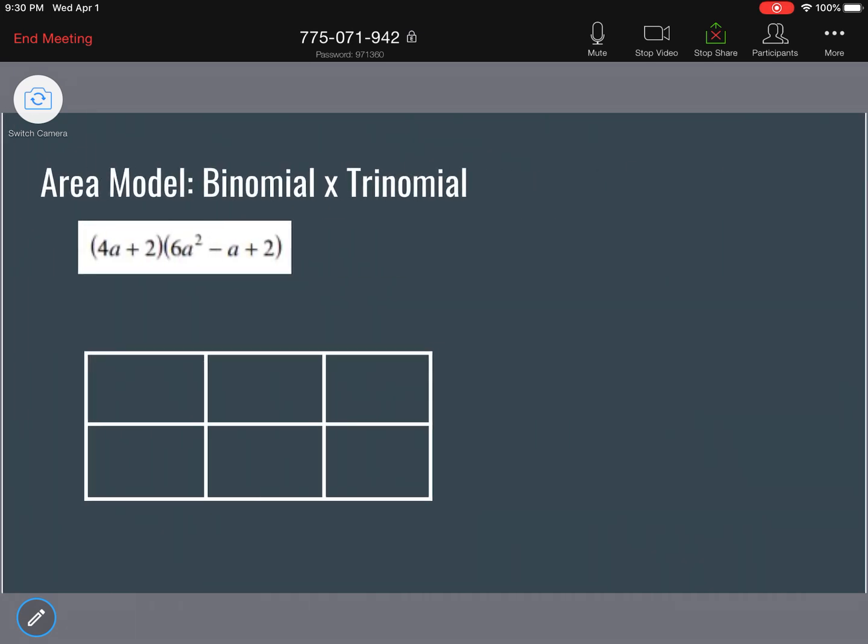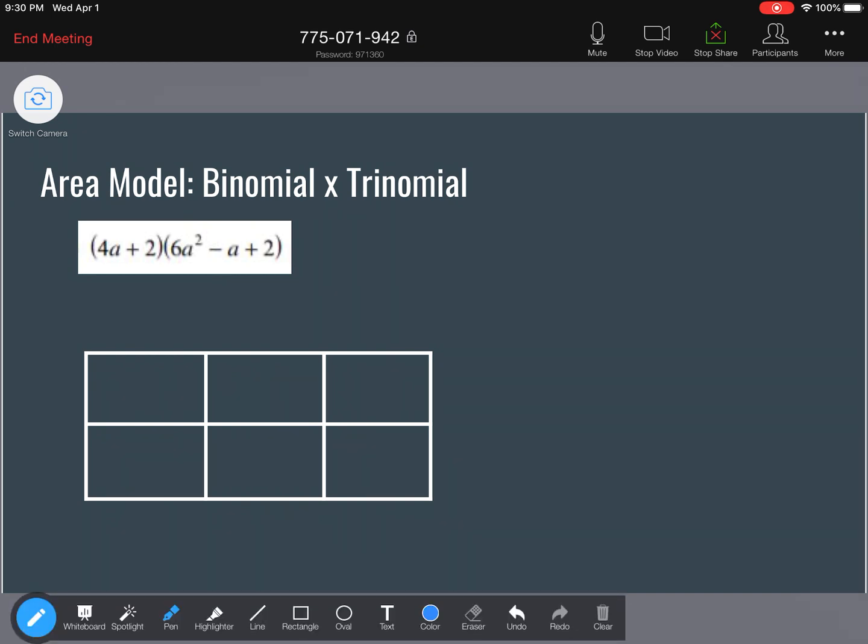Let's move on and see what we can do with trinomials. So here we have 4a plus 2 and 6a squared minus a plus 2, and we want to multiply those two together. So now I have a binomial times a trinomial. Well, I'm going to take my 4a plus 2 and write it on the side, 4a and my positive 2.